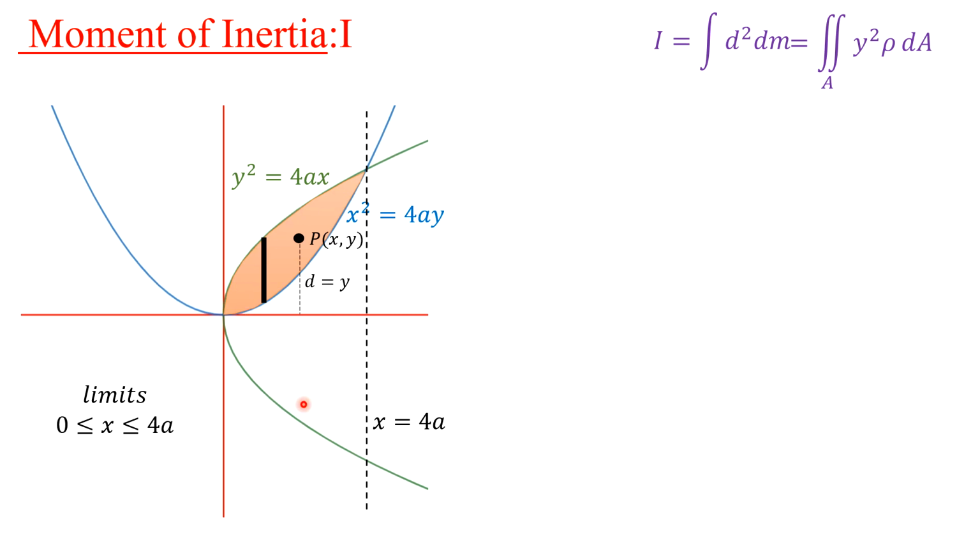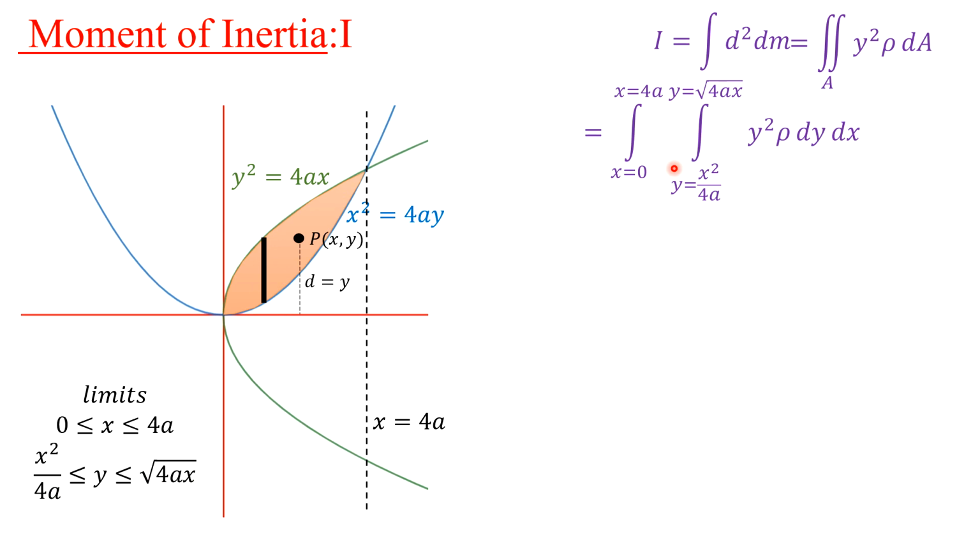So green curve is upper limit of y, and therefore limits of y are from x square upon 4a to under root 4ax. So let us integrate this over these limits. X varies from 0 to 4a, y varies from x square upon 4a to under root 4ax, y square rho dy dx. As in this example density is not mentioned, we'll assume that density, that is rho, is constant.